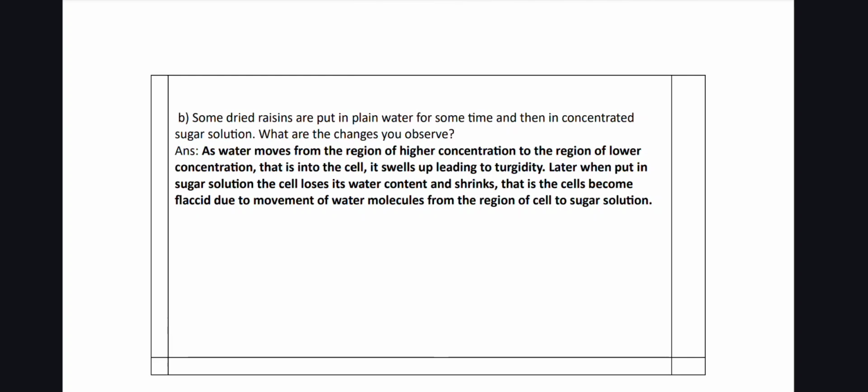So the cells become flaccid due to movement of water molecules from the cell to the sugar solution. These fattened raisins which were filled with water, when you put them into the sugar solution, they lose all the excess water into the sugar solution and they shrink again, they get smaller again.